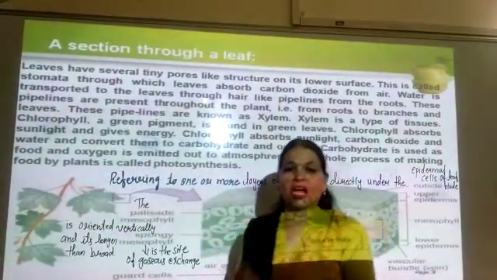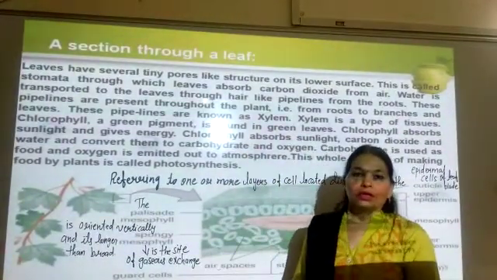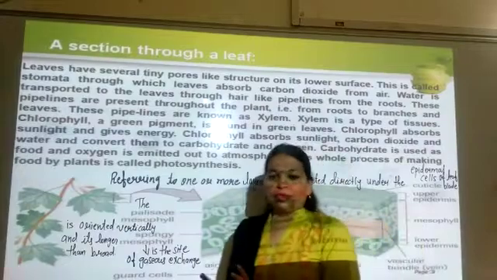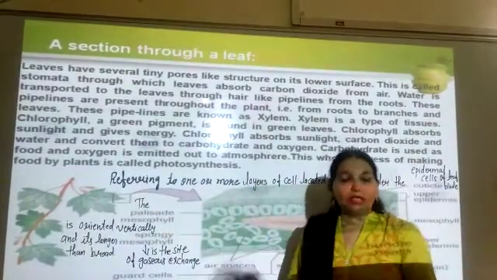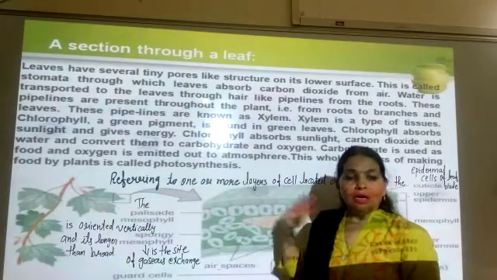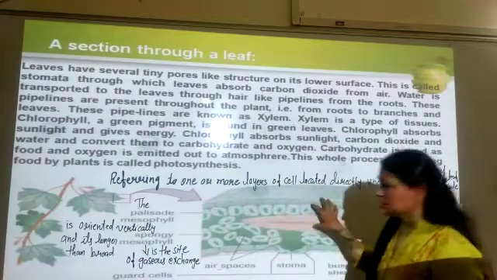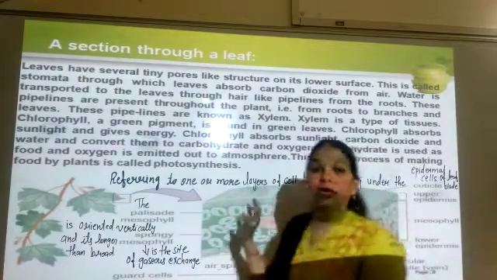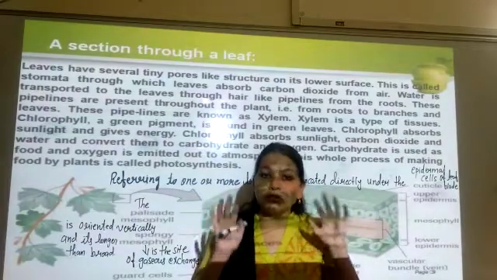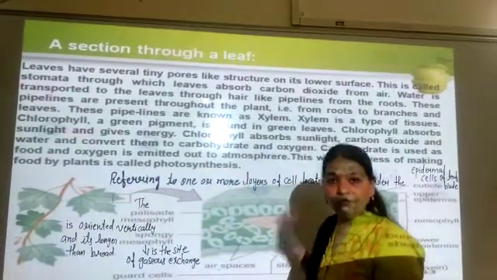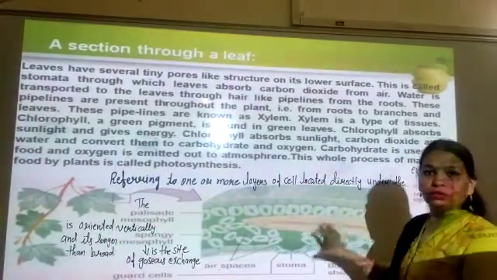What is the meaning of transverse leaf? When we take any type of tree or leaf and cut it with a blade, pull out the upper layer, and peel it, the internal structure is put under the microscope after putting one solution on it, and we see the transverse leaf section.